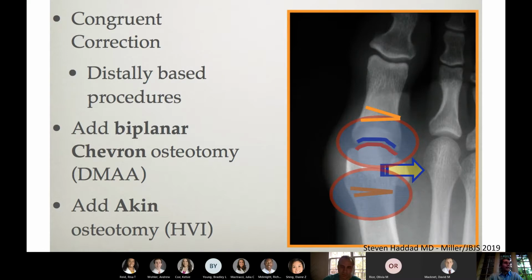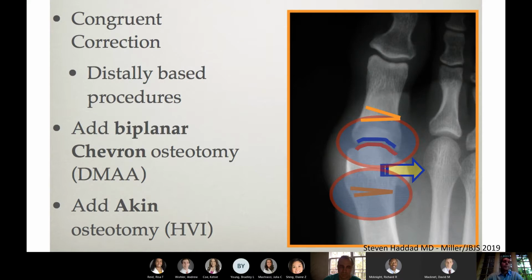If you have a congruent joint, you don't want to imbricate the medial capsule, because that will make a varus incongruent joint, which is painful for the patient. There's a lot of thought that juvenile bunions done 25 years ago with the traditional method created painful and dissatisfied patients for that reason.